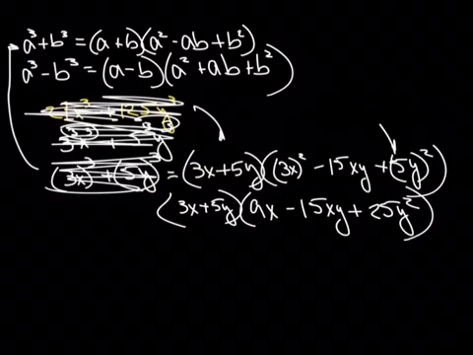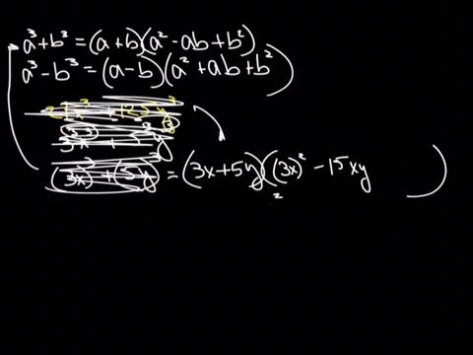Oh, I did make a mistake. I squared the 3, but I didn't square that x there, did I? So that needs to be 9x squared. Everything else looks fine and dandy. Alright, so let's look at example 14 real quick. I think I have time.